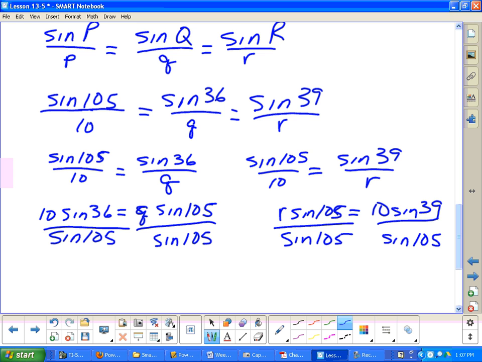And when you're done, side P, which is 10, should be your longest side then. If you get that R or Q are longer than 10, then you know you made a mistake. Make sure when you're typing in sine of 36 or sine of 39, you close the parenthesis before you divide by the sine of 105.